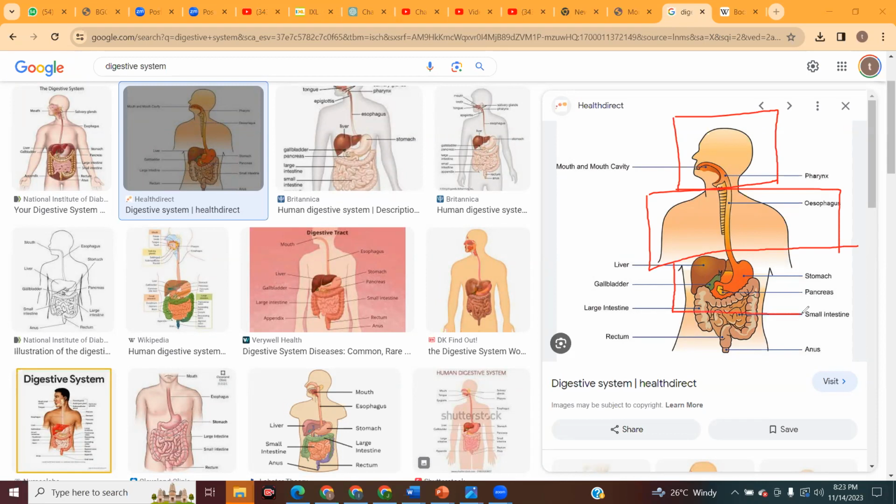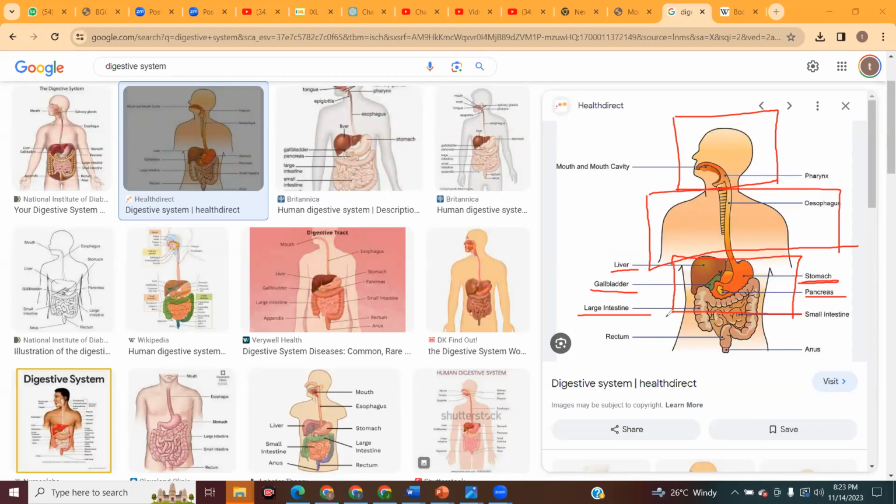So what organs are inside of here? We have the stomach, pancreas, liver, small and large intestines, and the gallbladder, all of them inside the abdominal cavity.